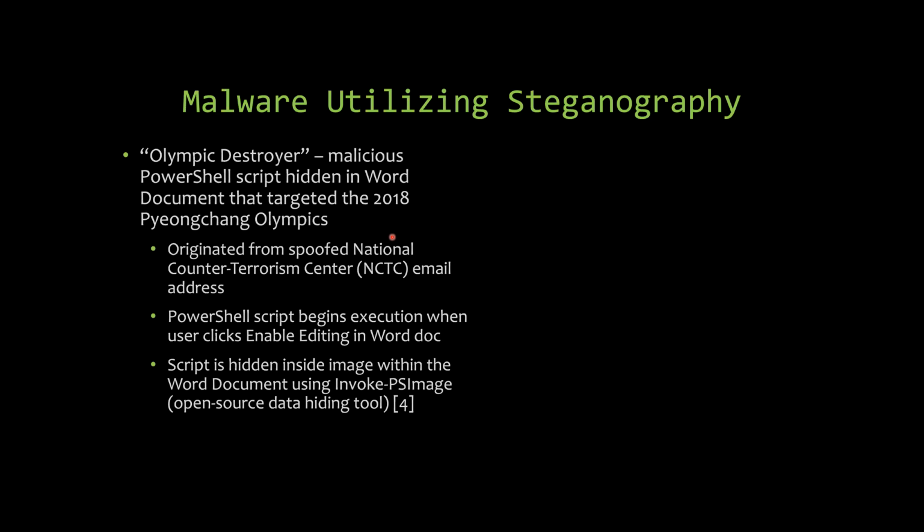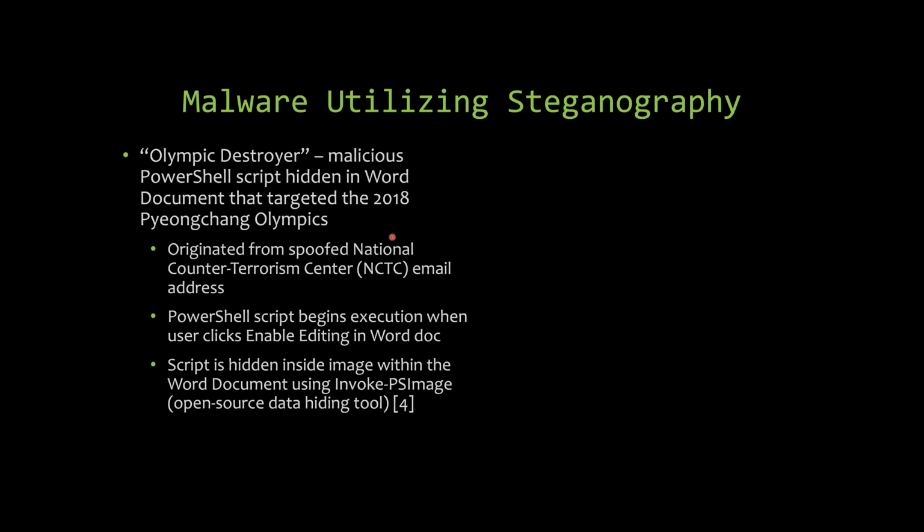And it deleted shadow copies, event logs, and it tried to basically destroy systems. Its purpose was not intended to actually steal data, which probably could have been accomplished as well with this particular technique. But its sole intention was to just destroy the systems associated with the Olympics a few years ago and be able to actually bring down the Olympics while the world is watching.